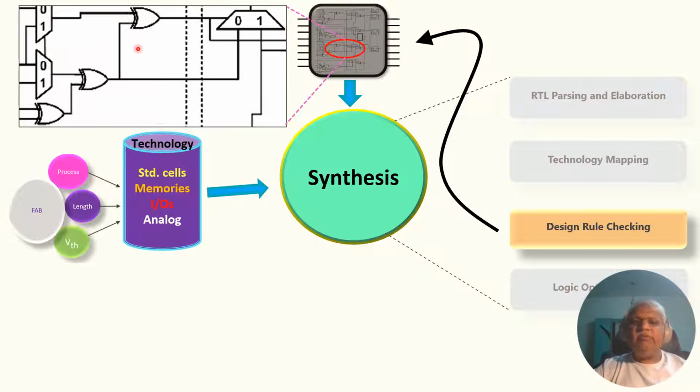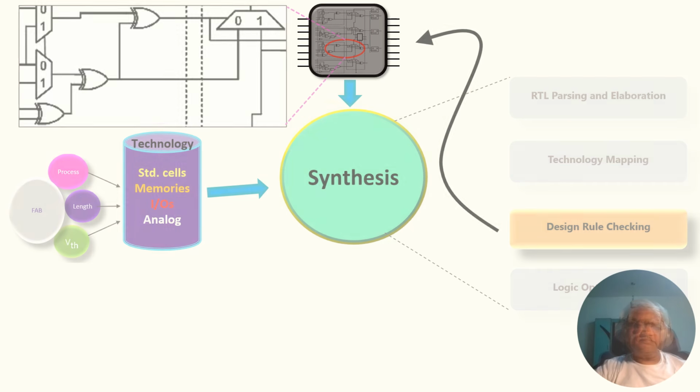So we will be figuring out how we will be smoothly controlling the net capacitance, so that the transition time from each standard cell will be within the limits at which the standard library is created. That is the main aim of it. We will see how it is done.